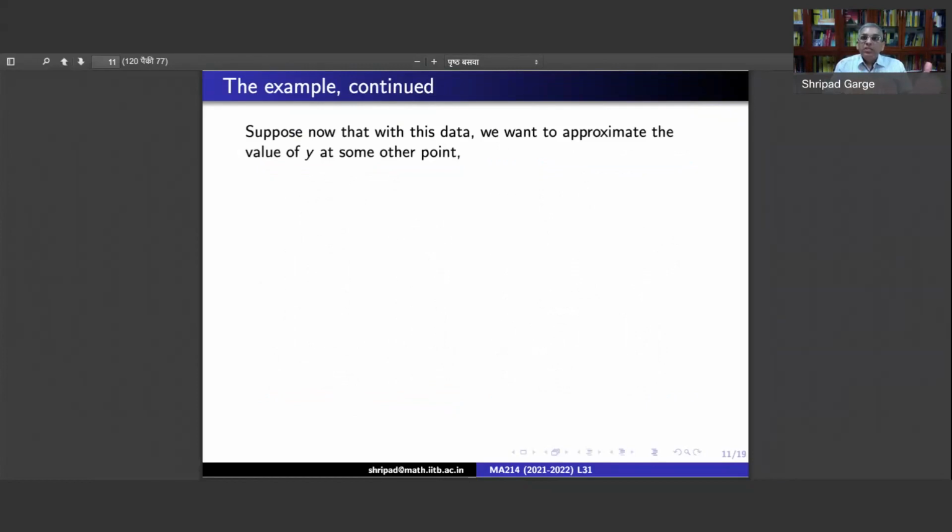Using the Taylor method we have these 11 nodes and we have computed a good approximation to the function y, the solution of the initial value problem, at these 11 nodes. Now, if there is a point which is not among these 11 nodes, suppose we are looking at t equal to 1.25, which is between 1.2 and 1.4.